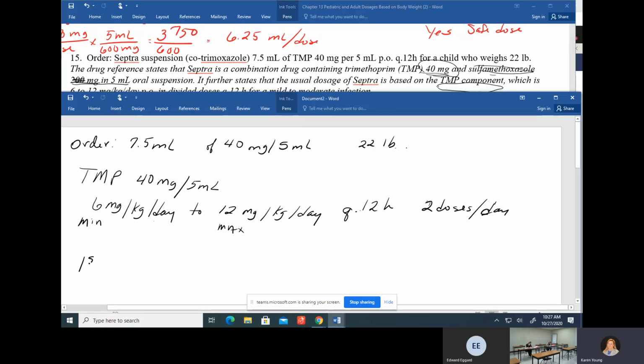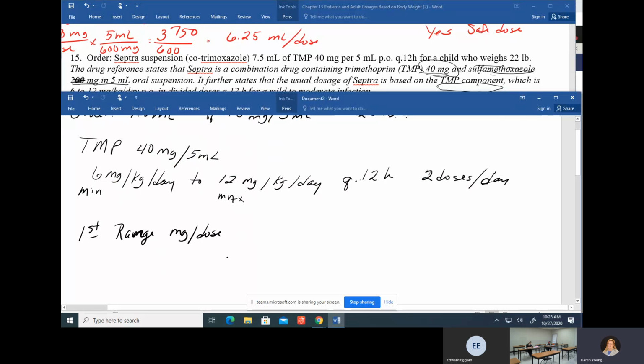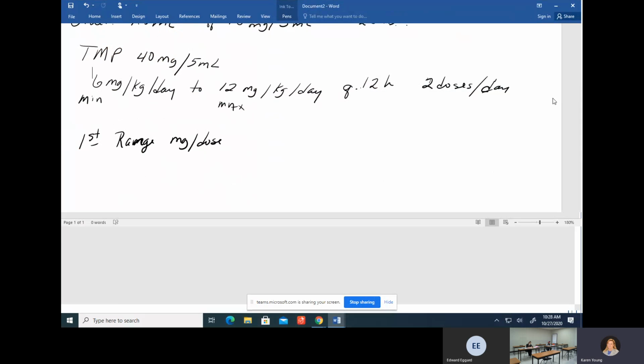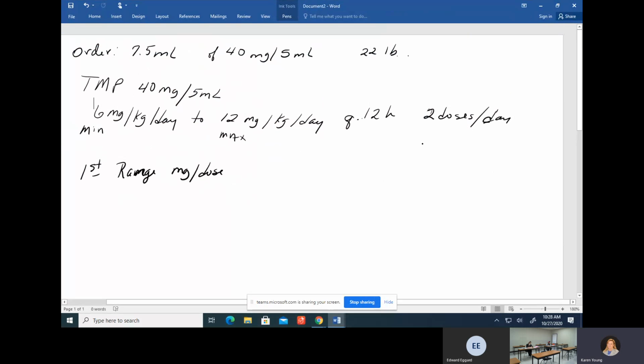So our first step is to find our range. Milligrams per dose. Okay. So I'm going to start with the 6 milligrams per kilogram per day, times the weight, which is 22 pounds.